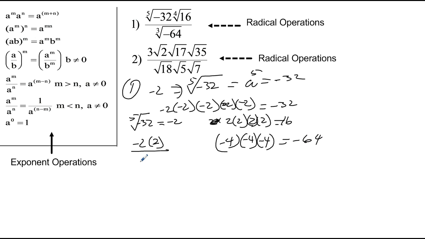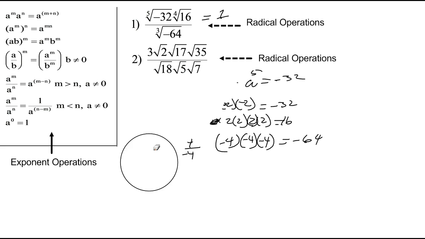So we know that's minus 4. So minus 2 times 2 is minus 4, divided by minus 4. Therefore that's equal to 1. So the answer to the first one is 1. And that's very simple.